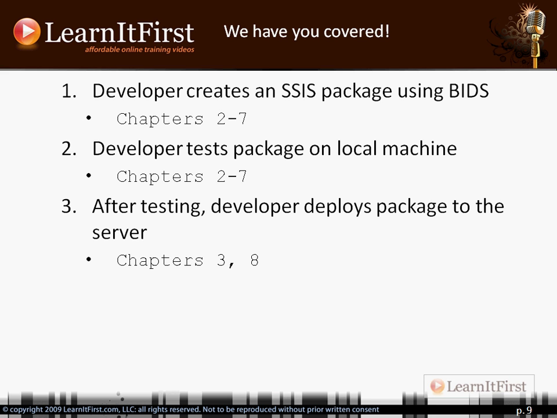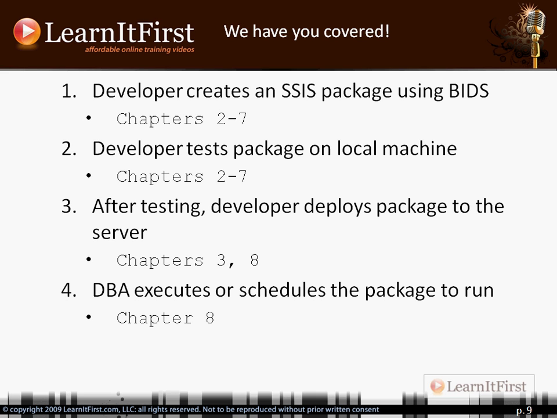We will talk about the testing and the deployment in chapters 3 and 8. Chapter 3 is really more about the testing. We're going to talk about how to do auditing, how to set configurations, security, encryption, and how that works when you deploy it. But we won't come back to discussing package scheduling and context and other important pieces until chapter 8.